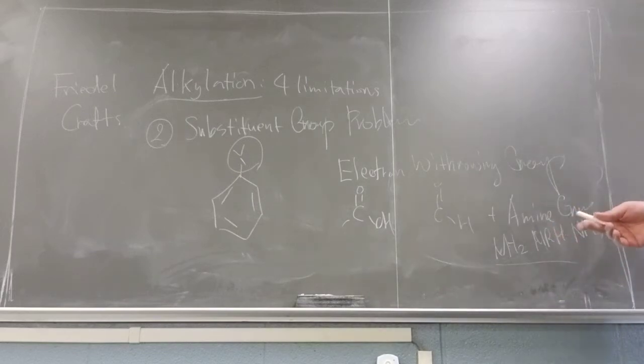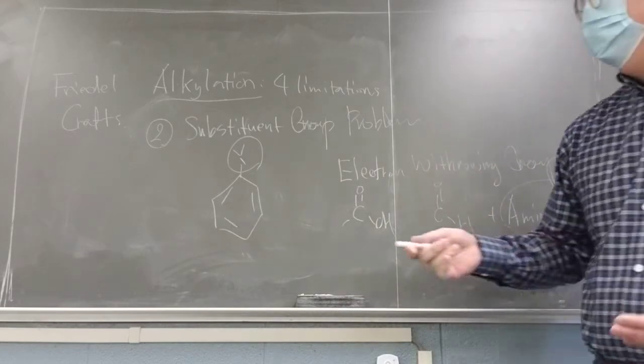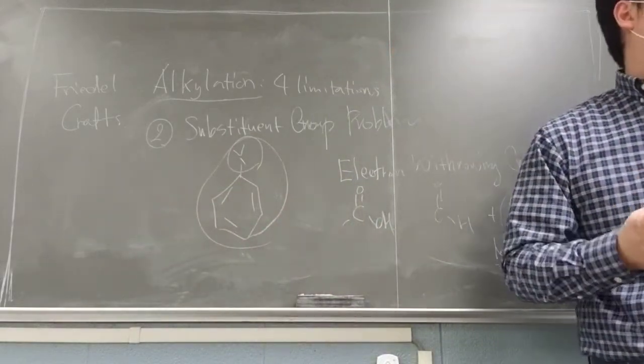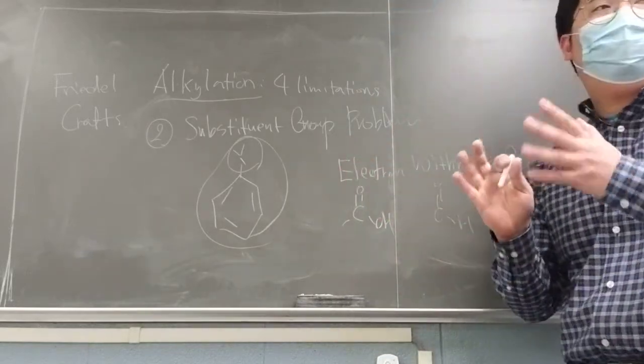So this is plus. If there are amine groups or any type of electron withdrawing groups on your aromatic compounds, it hardly can be done with the Friedel-Crafts alkylation here. So this is the second limitation.